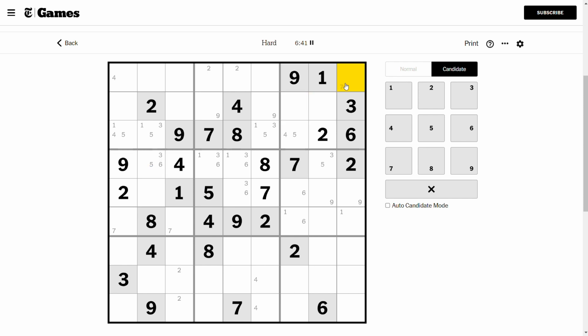Alright, I'll just fill in the open cells in block 3. 4s go here, 5s can go in any of them. These two cells see 7, and then this cell sees 8.